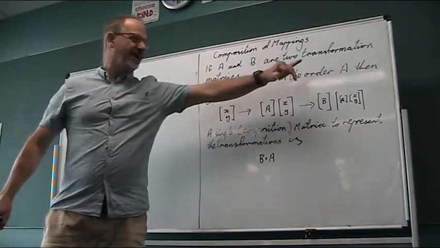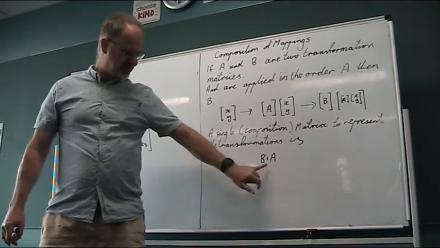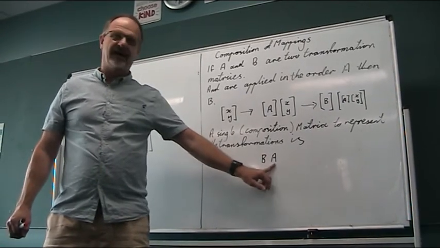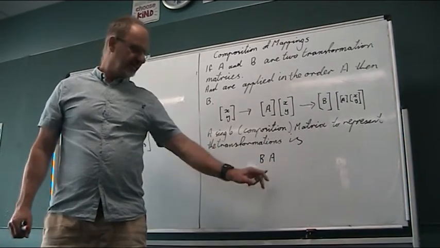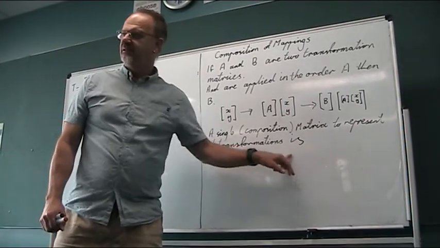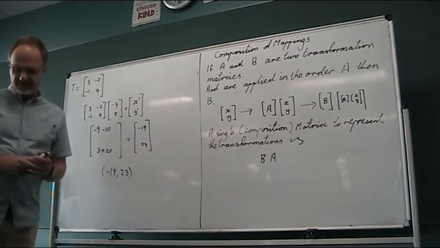So we've done A first then B, but if we want to combine that and get a single matrix, it needs to be BA. Alright. Because A's done first, it's closer to our point matrix.